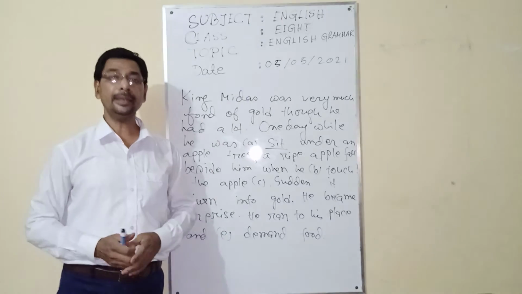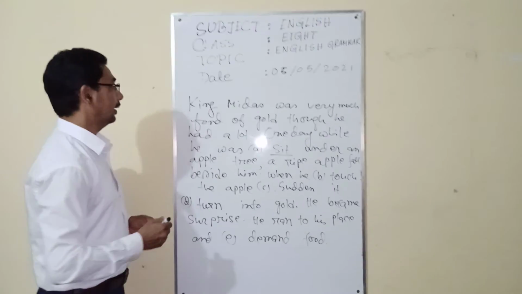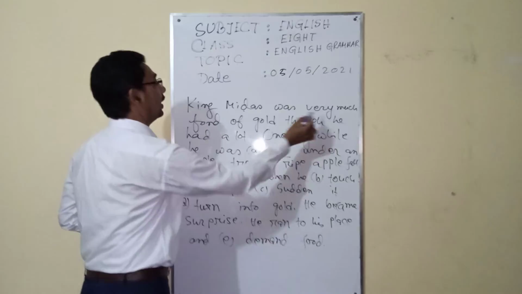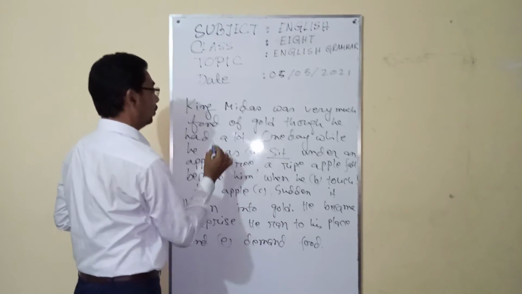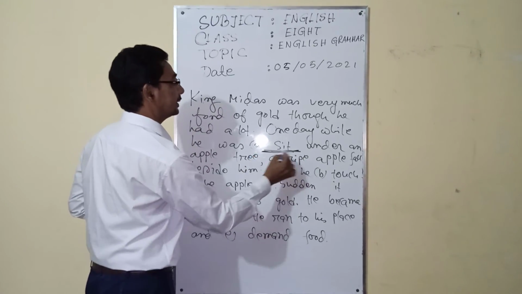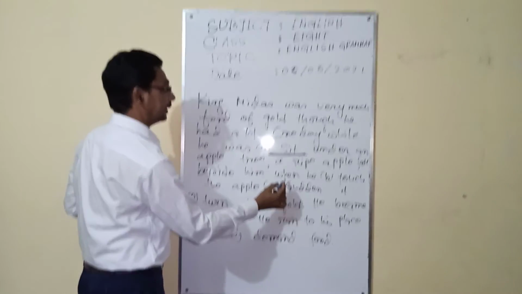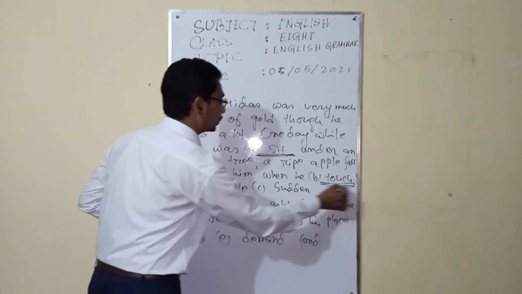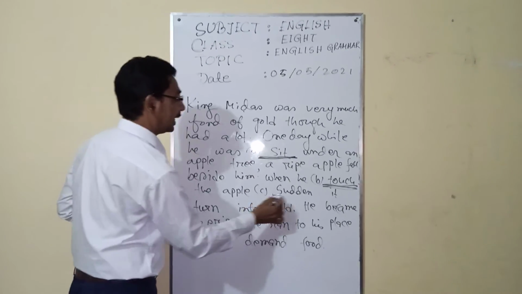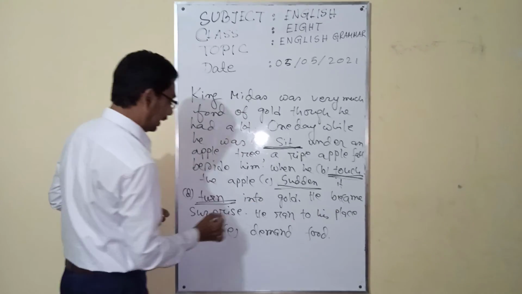This is a passage for your homework. King Midas was very much fond of gold, though he had a lot. One day, while he was sitting under an apple tree, a ripe apple fell beside him. When he touched the apple, suddenly it turned into gold. He became surprised.